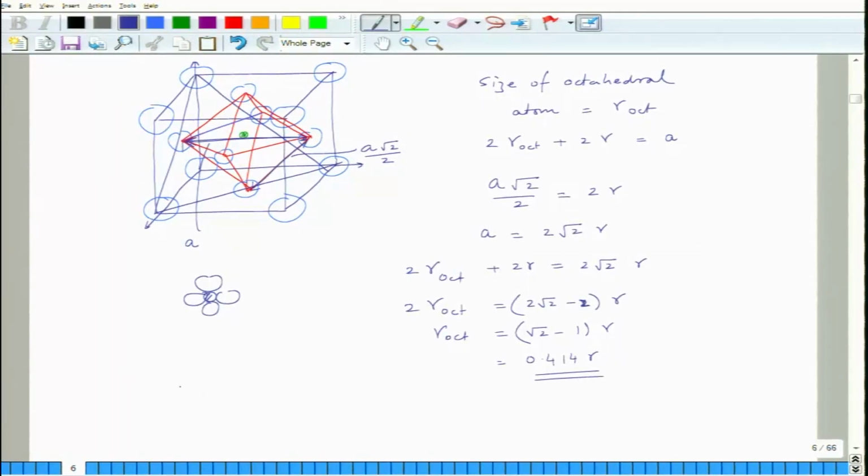In case of HCP it's easier, because in case of the tetrahedral void the atom sits at 1 by 4, 1 by 4, 1 by 4. The distance between this point and the apex is, so let us say if this is the tetrahedra, I'll probably do it on the next page.